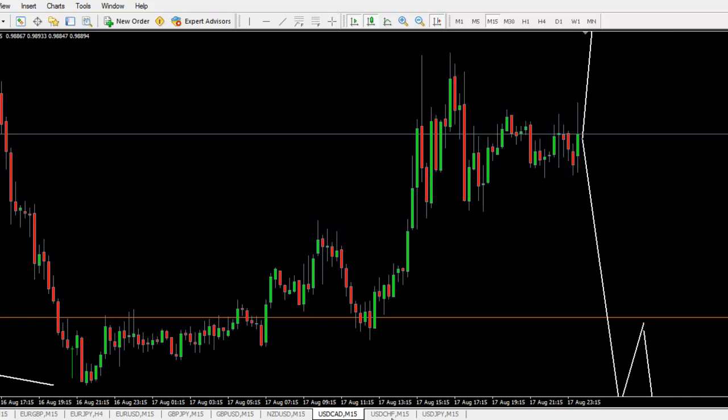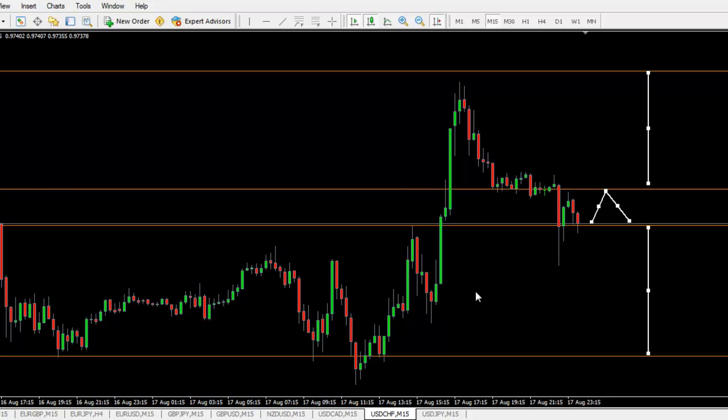So on the USDCHF, we are kind of doing what we're doing on the EURUSD. We're in a very tight range, and we get ping pong between these two levels. We could ping pong between 97.46 and 97.32. So we're going to need to see a break out of this range.